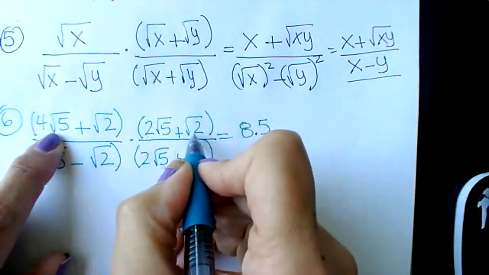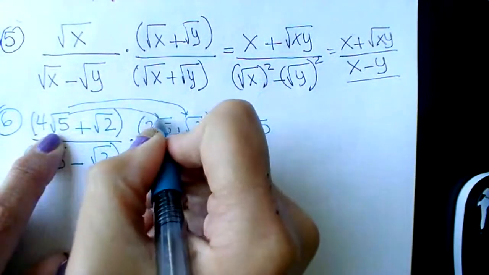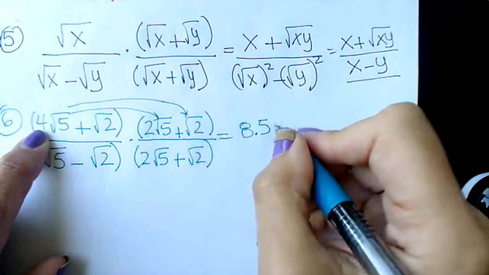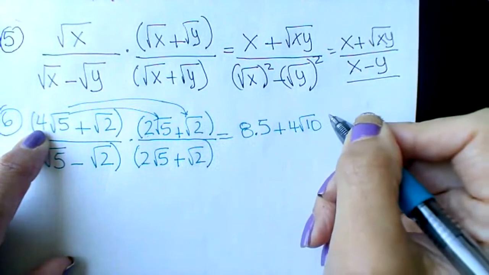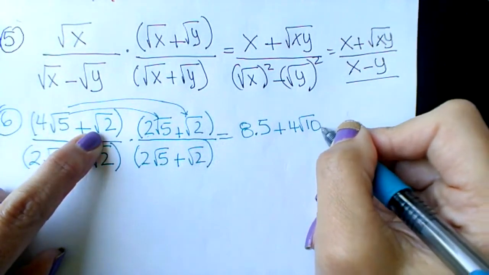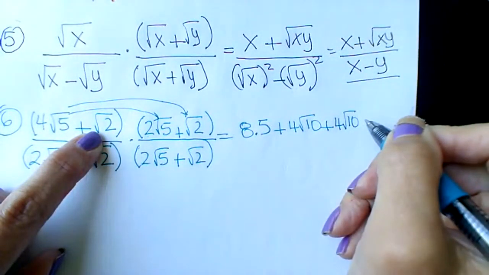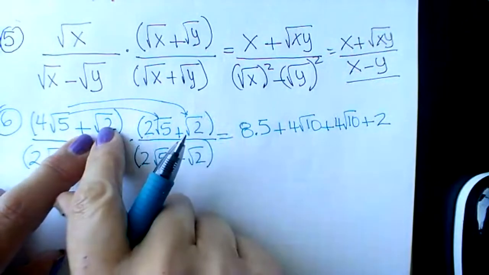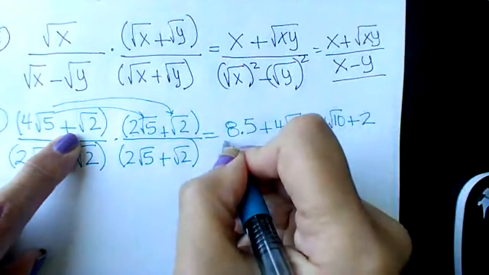Now, let's do this one. This one is going to be 4 square root of 10. And the last one is going to be plus 2. This square root of 2 times the square root of 2 is 2.